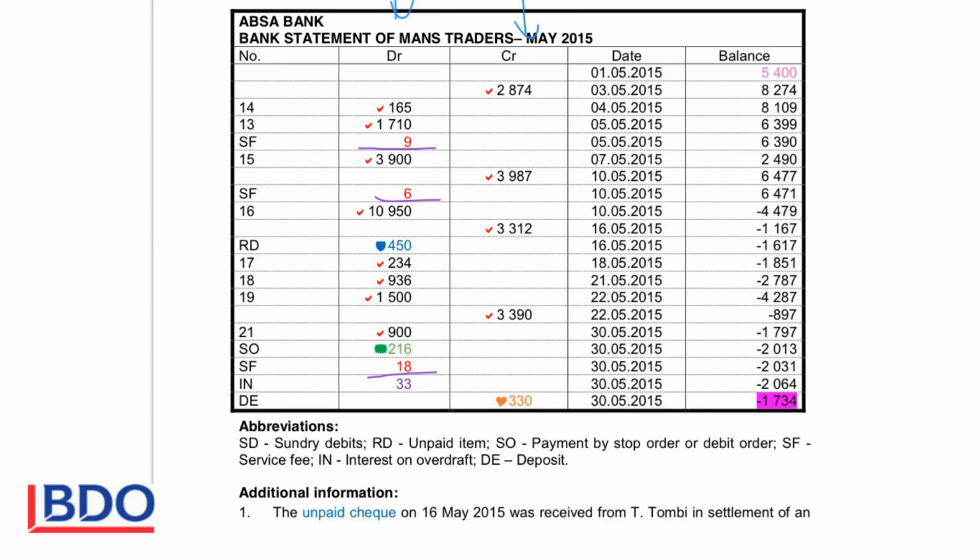The only one that I don't add to my bank charges is interest. Interest must be shown separately. Now, if this interest was recorded on the debit side, it means that it reduces the money that we have on the credit side. Therefore, it's interest that we pay. So this 33 Rand will also be recorded in the cash payments journal.